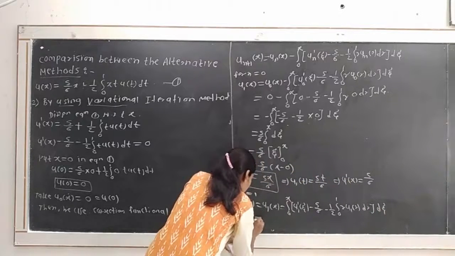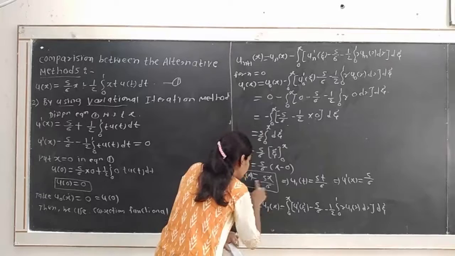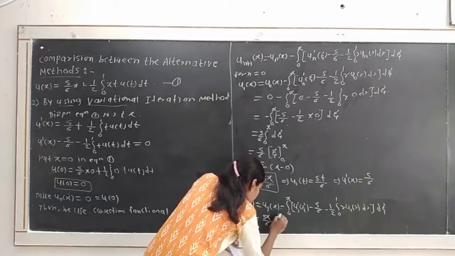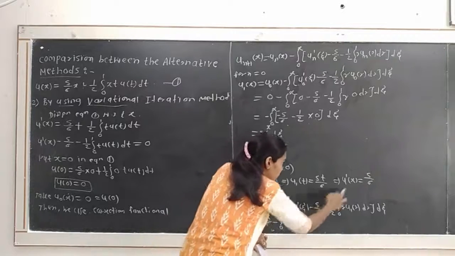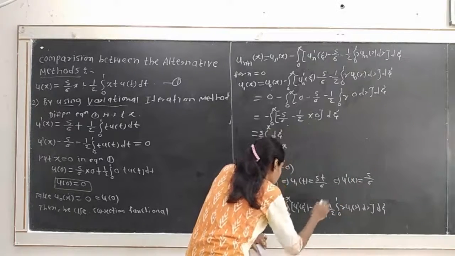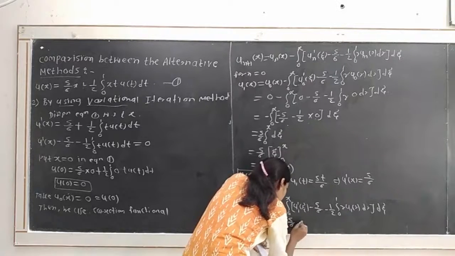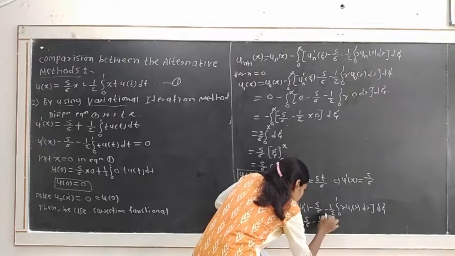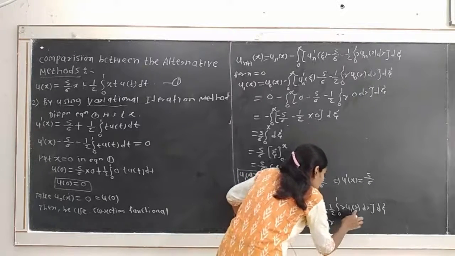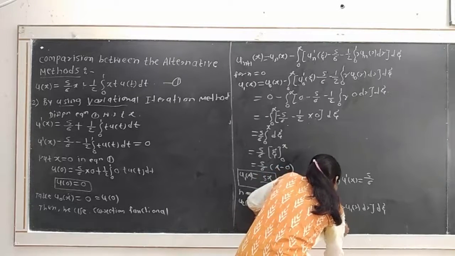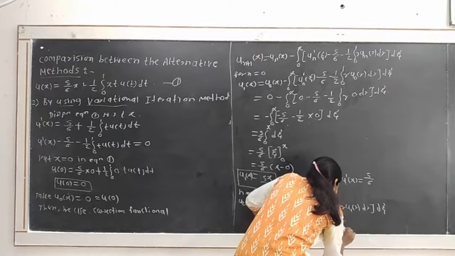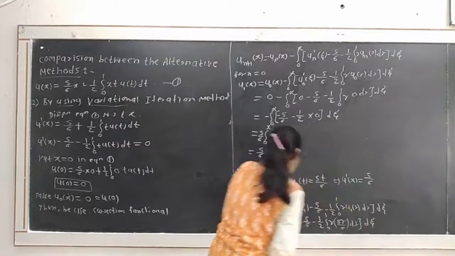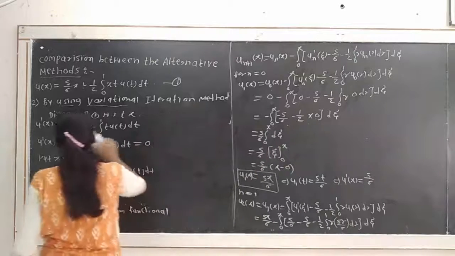So by putting in the values, u1 of x will be 5x divided by 6 minus integration from 0 to x of u1 dash of xi, where u1 dash of x is the constant 5 divided by 6, so u1 dash of xi will be 5 by 6, minus this 5 divided by 6 minus 1 divided by 2 into integration from 0 to 1, with r as it is, and u1 of r will be 5r divided by 6, into dr and into d psi. So we have to take this integration.